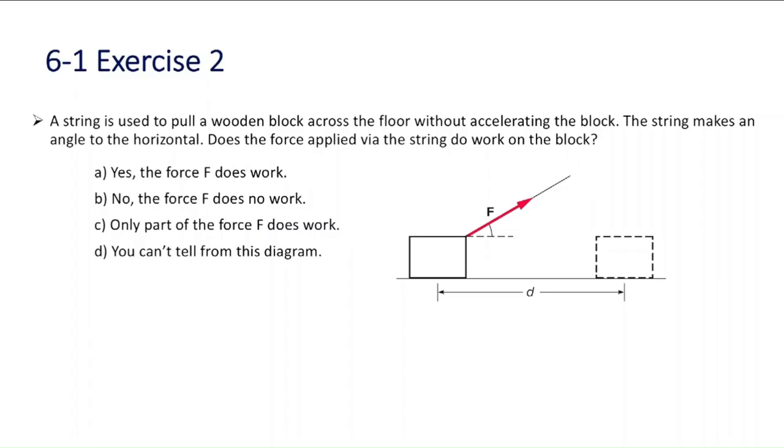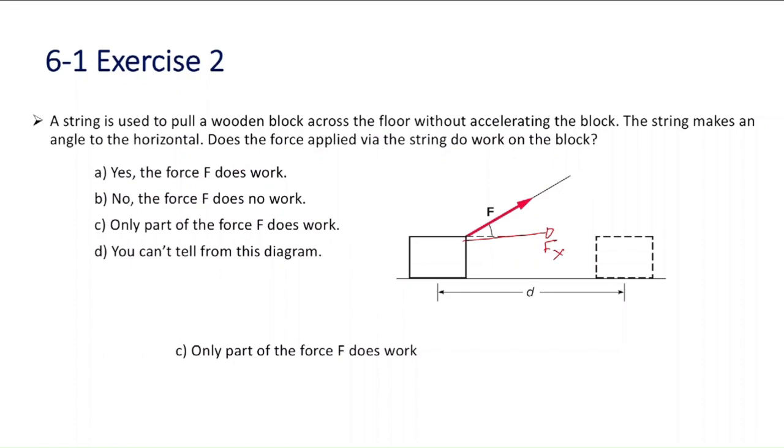Now pause the video for a moment and think about your answer before moving on. So the correct answer is C. Only part of the force does work. Why? Because in physics, only the part of the force that acts along the direction of motion contributes to the work.